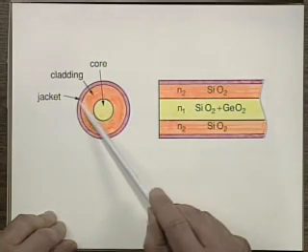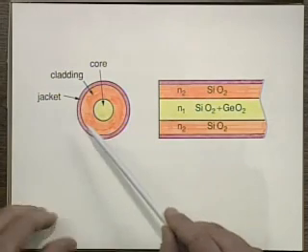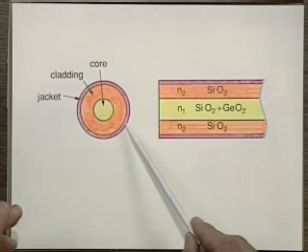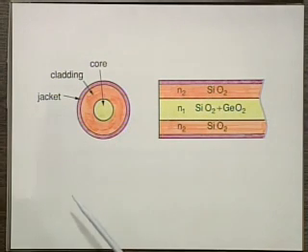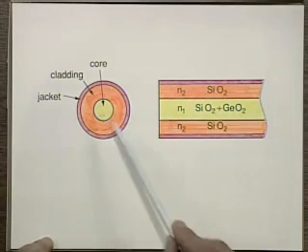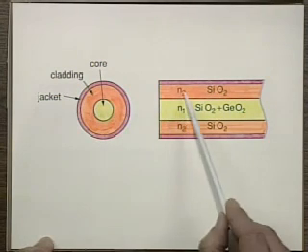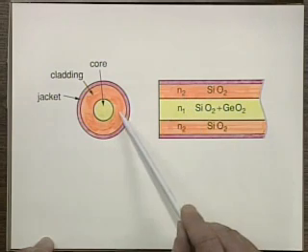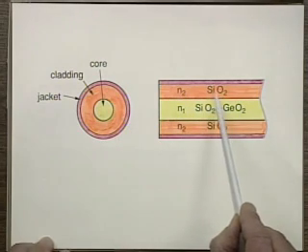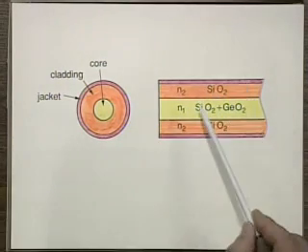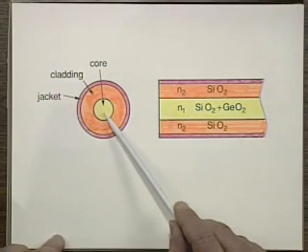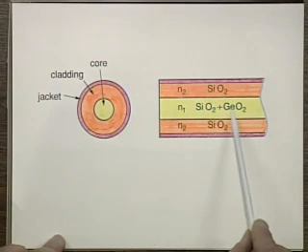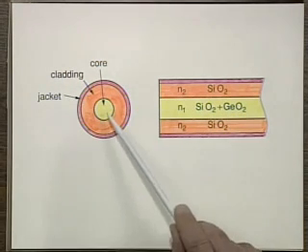And then the cladding is surrounded by a jacket, and depending on the type of material that you use, whatever, the jacket then protects the cladding. The refractive index N1 of the core is bigger than N2. Sometimes N2, the cladding material, is just plain silicon dioxide, and the material in the core is silicon dioxide plus some impurity, germanium dioxide, to raise the index.